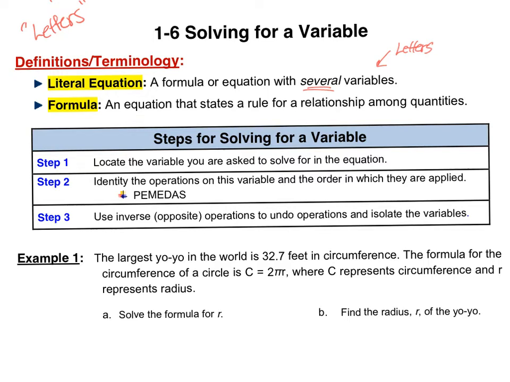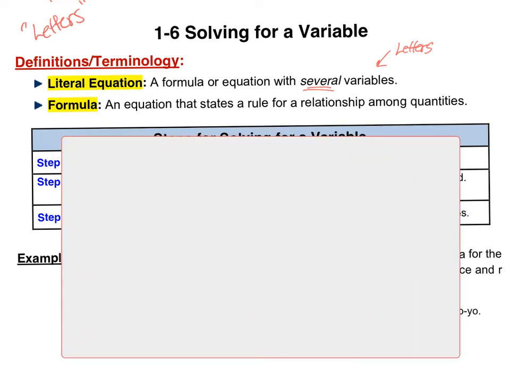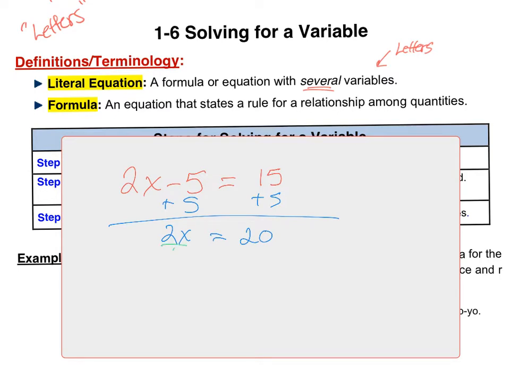When you're solving a literal equation, you're not solving like a regular equation such as this. Let's say I give you 2x minus 5 equals 15. To solve it here, you're solving for x, adding 5, you get 2x equals 20. Then to get x by itself, you divide by 2 and you get x equals 10.